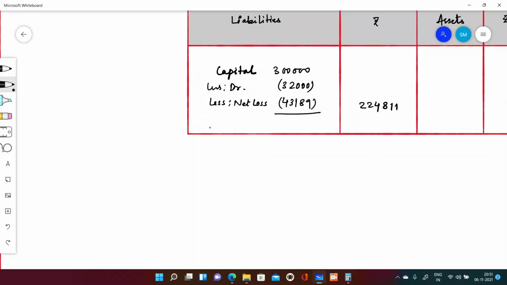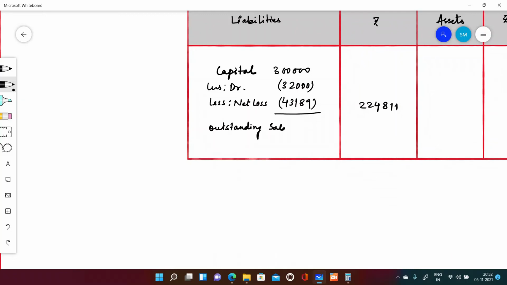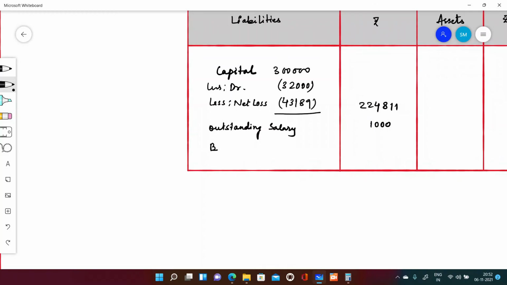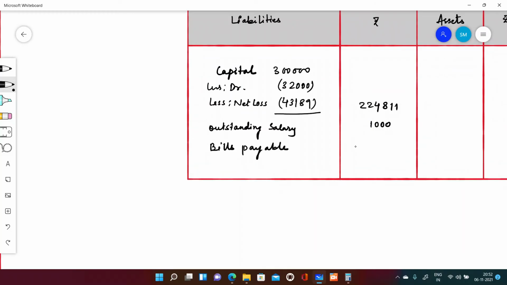Now after that, outstanding salary was there. So outstanding salary is your liability. How much it was? It was your 1,000 rupees. Then insurance, prepaid insurance is your asset. Then bills payable, how much it is? 22,000.